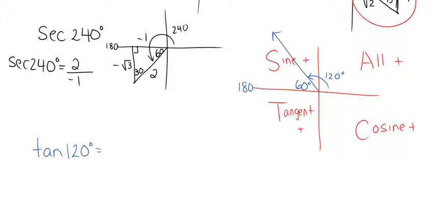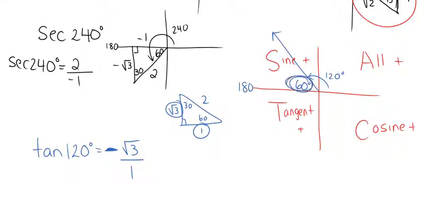So you could just jump right to the special triangle for 60, 30, which is going to be root 3, 1. I know the value is going to be negative because it's in the sine quadrant. And tan is opposite over adjacent, so it's going to be negative root 3 over 1. So you almost don't even need to sketch it. You know if it's negative or positive based on the CAST rule, and you just need to use your related angle to find the sides of the special triangle that lines up.